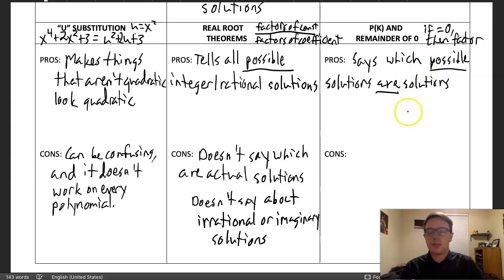So it tells us which of the possibles are. The downside to this, though, is that there can be a lot of different things to try.